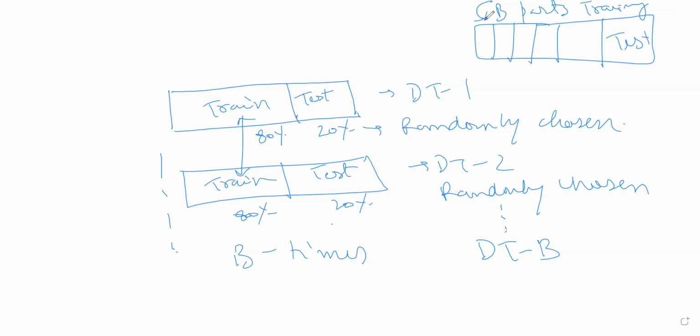So what happens is, there is a chance that by chance you could have got a train data on which the model is built, which is doing very well on the test data. But when you resample and fit another decision tree, it gives you a very different result, which is also coming from the same sample.